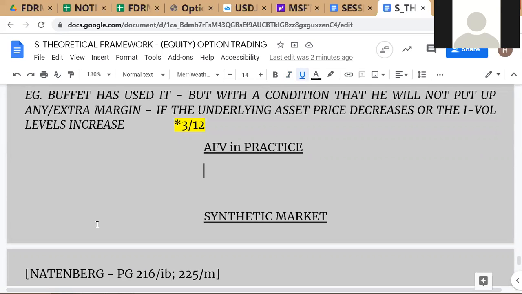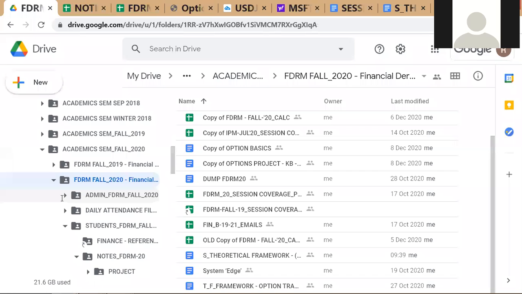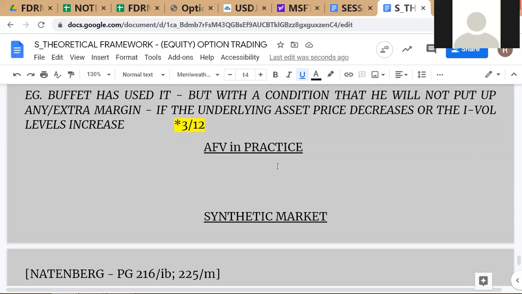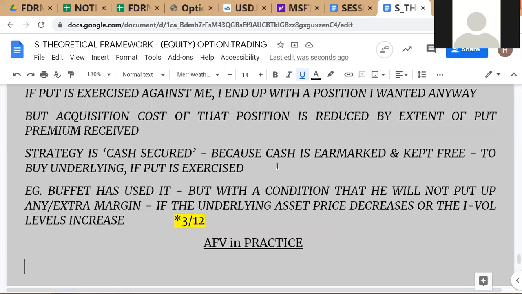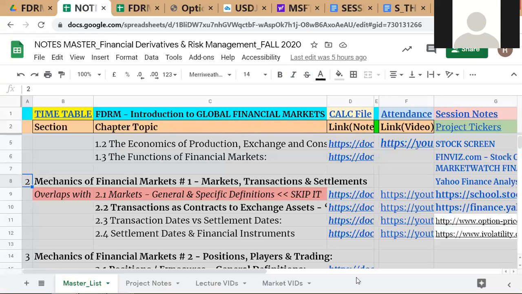Okay, so let's now deal with the idea of AFP in practice. We have understood the idea of synthetic equivalence, and let's try to understand this kind of classification which we have done.